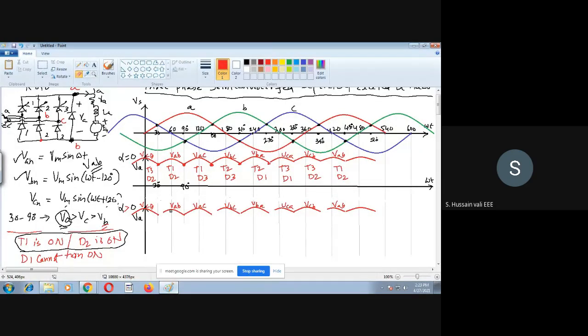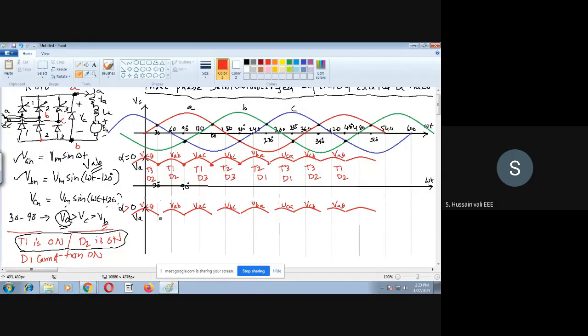That is the question. What exactly will happen in this gap is that continuous conduction will be there, or discontinuous conduction? You must understand which one will be there. You will find that your VCB is there, and as the inductor is there, the inductor current is there.